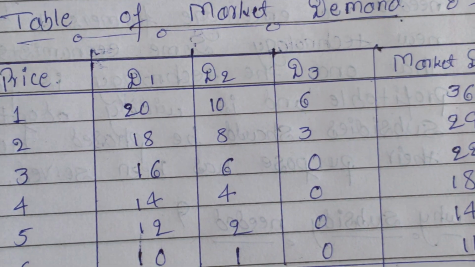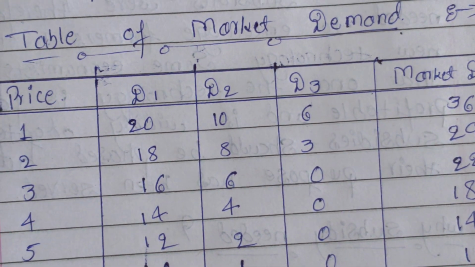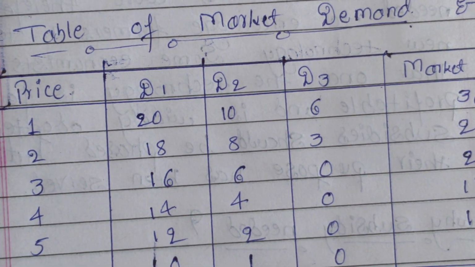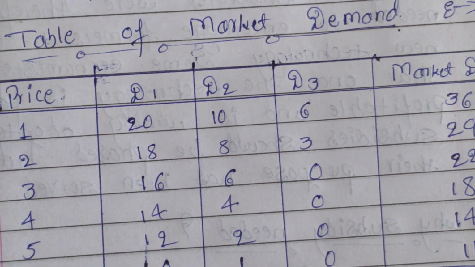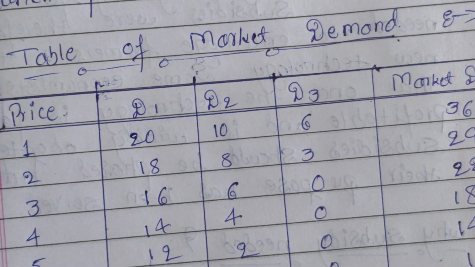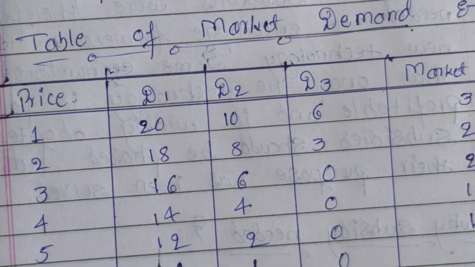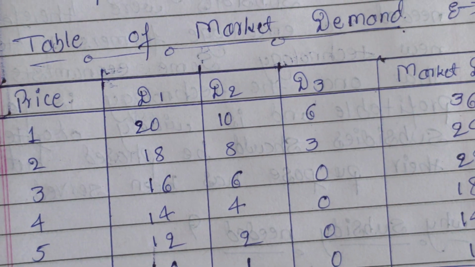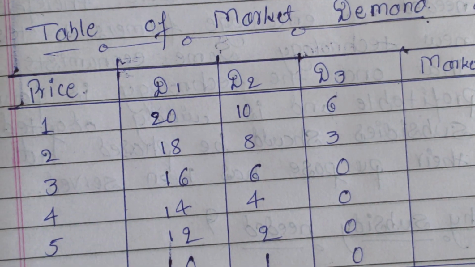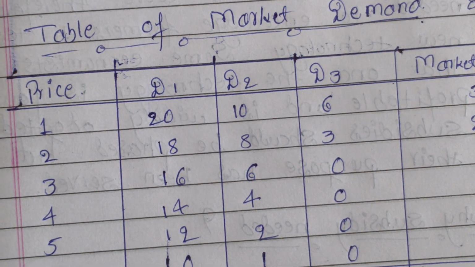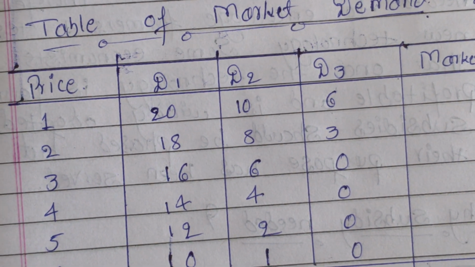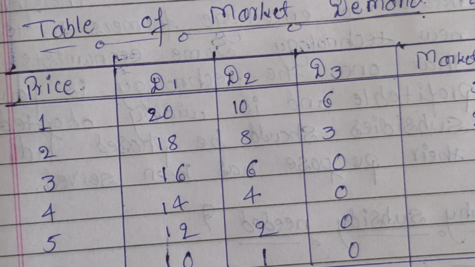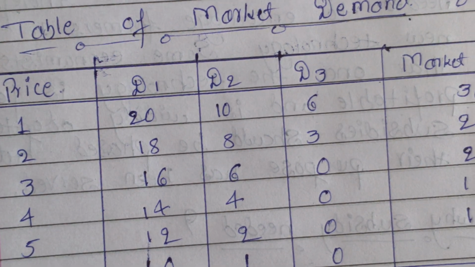So this is only in imagination. My professor, Professor Mukta Adi ma'am, once told me: make economics a poetry, don't make economics a dull or boring subject. So sometimes economics is only in imagination, like in a perfect competition market. In my example also, I am using only 3 consumers, A, B and C, to calculate the market demand.